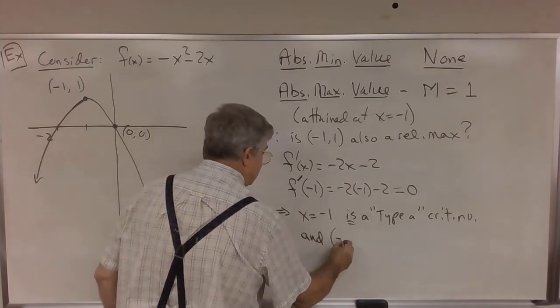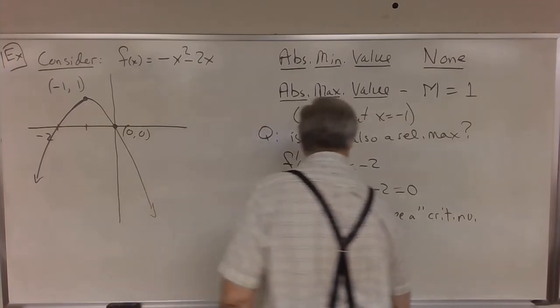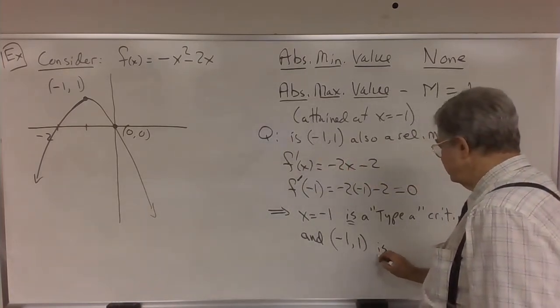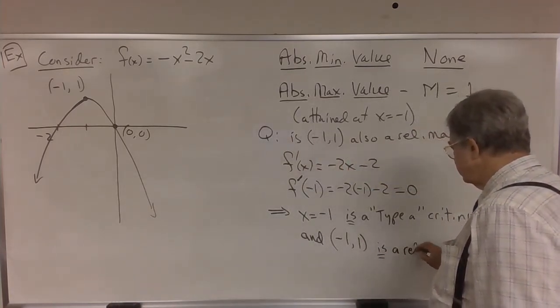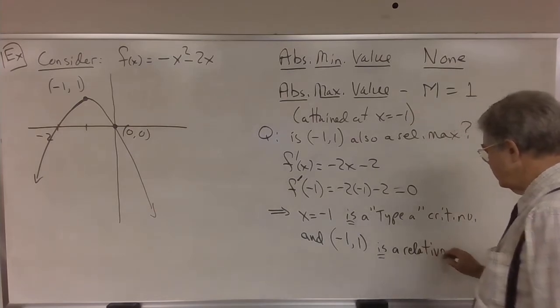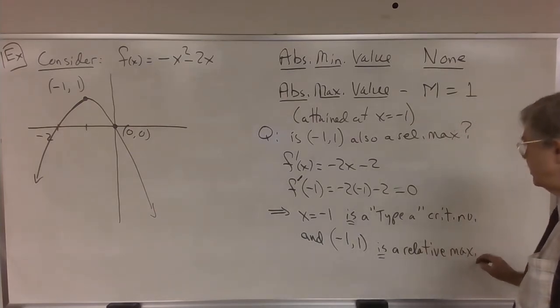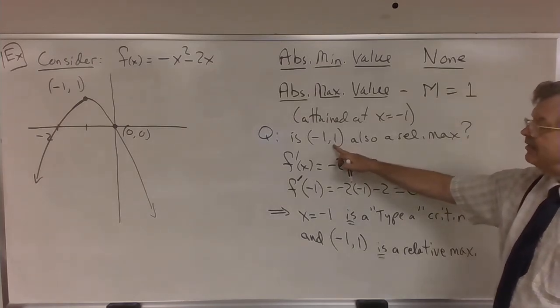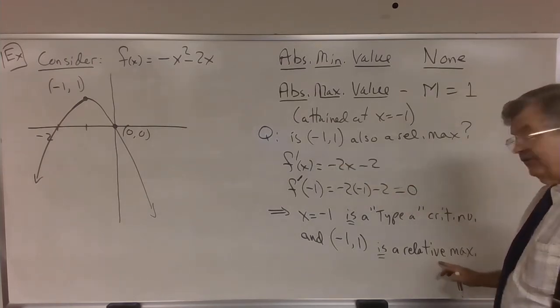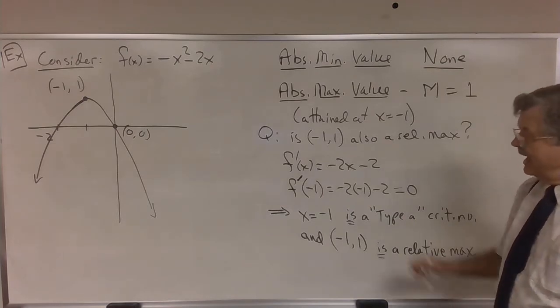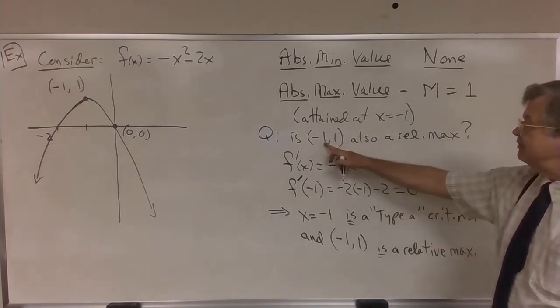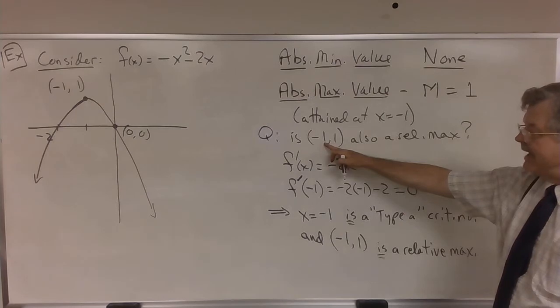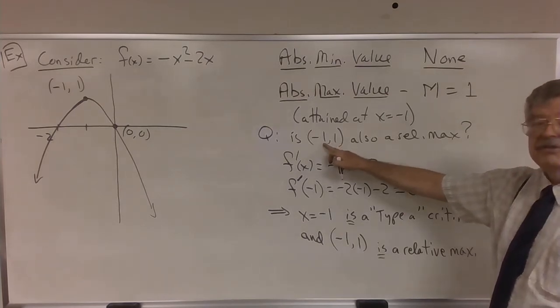The point -1, 1 is a relative max. So not only is the absolute maximum value attained at this point, but it's also a relative maximum. And the x value at which we attain this absolute maximum value is a critical number.